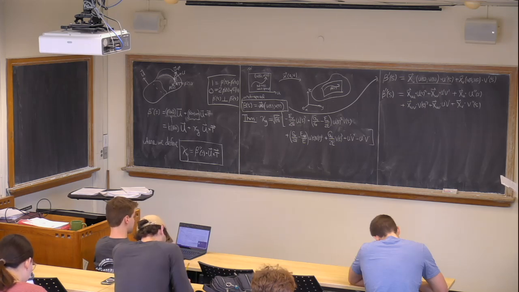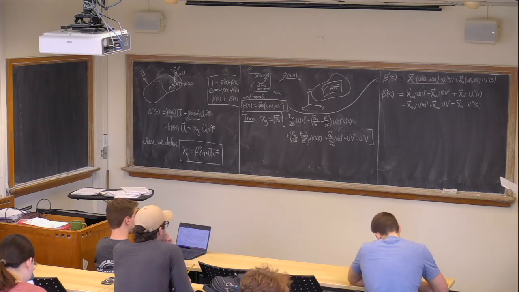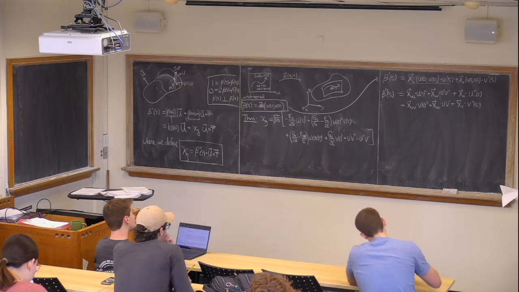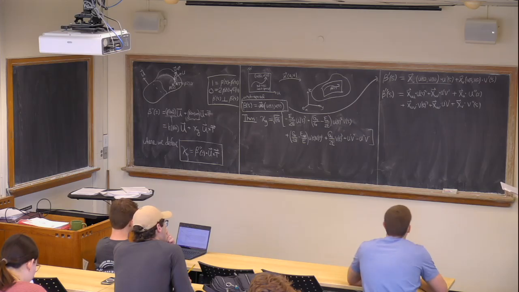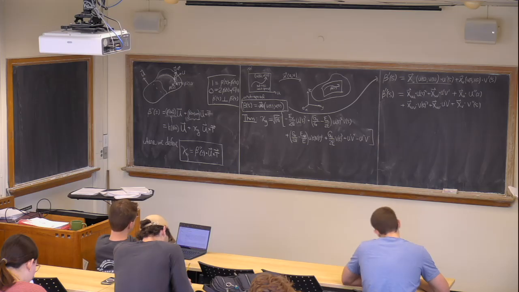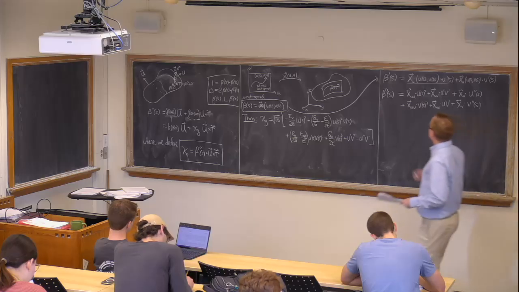It's all in the book. So that's what alpha double prime, or beta double prime, is.